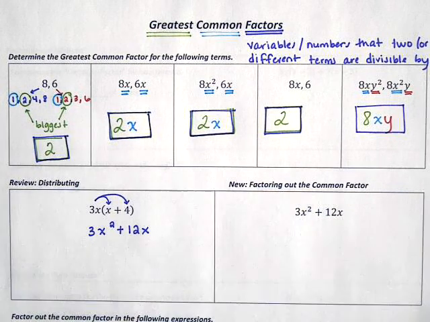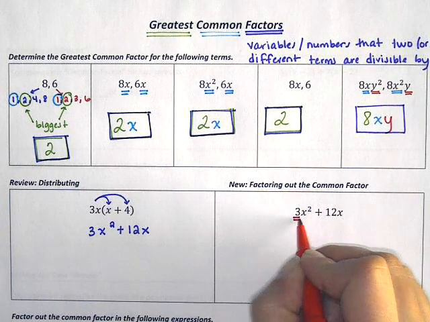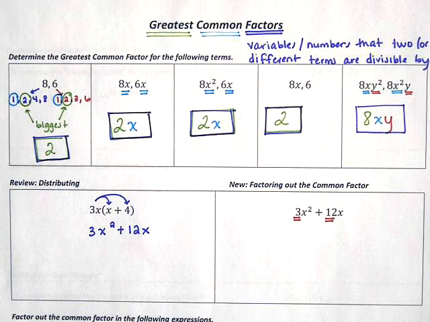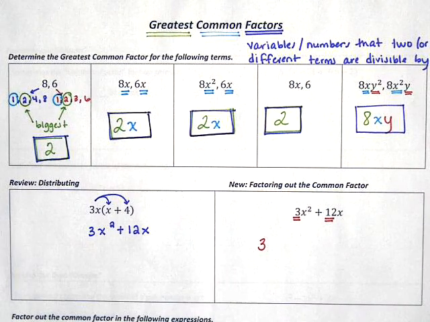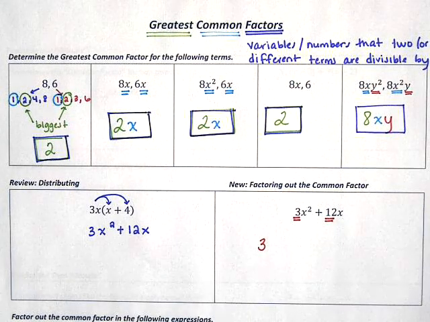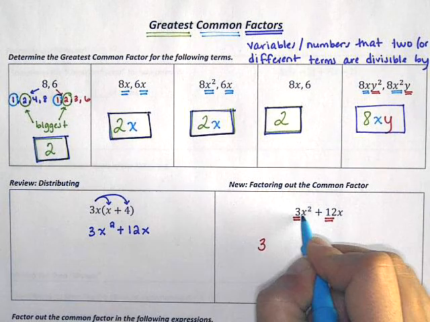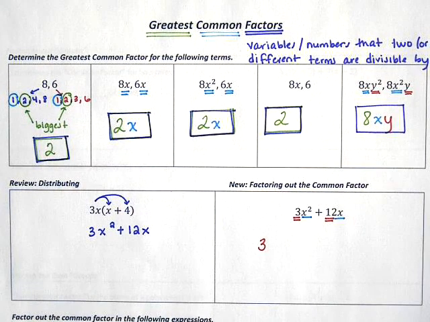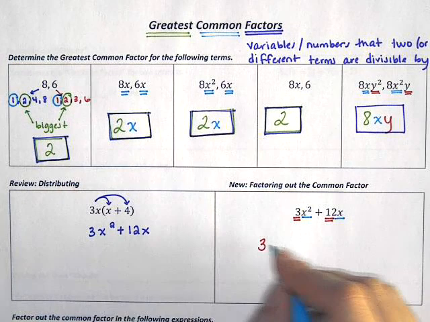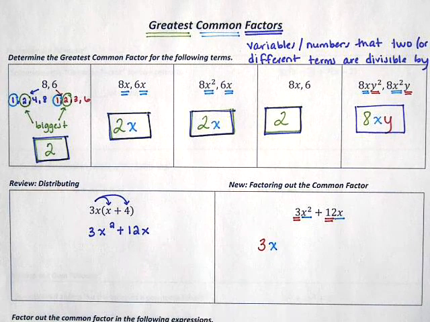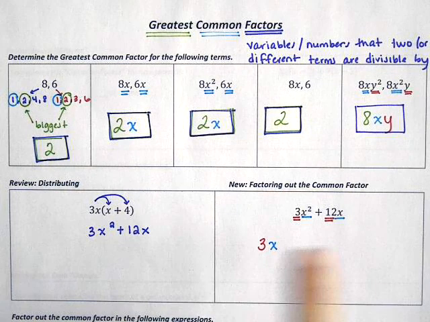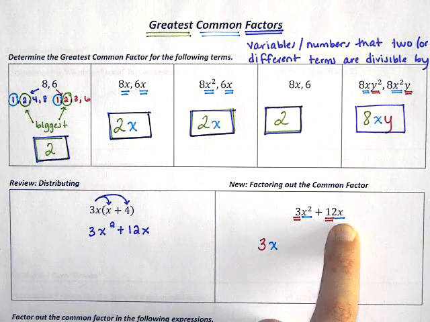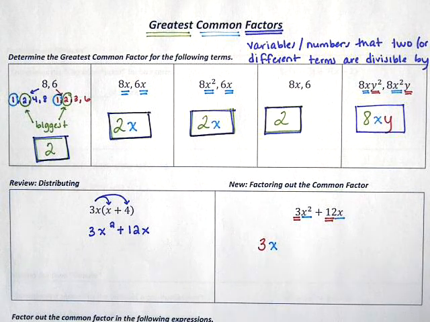If I look at the numbers, the 3 and the 12 are both divisible by 3. And if I look at the variables, this guy has 2 x's and this guy has 1. So the common amount would be x. That's what they both have. We can't say the common amount would be x squared because he only has 1x. So we can only factor out 1x.